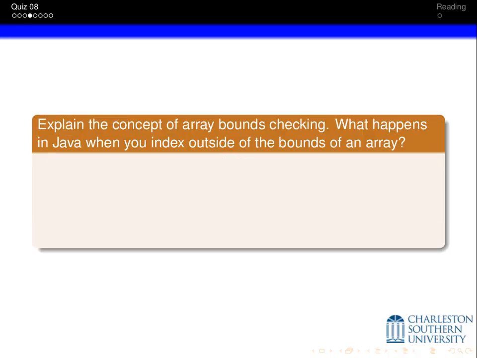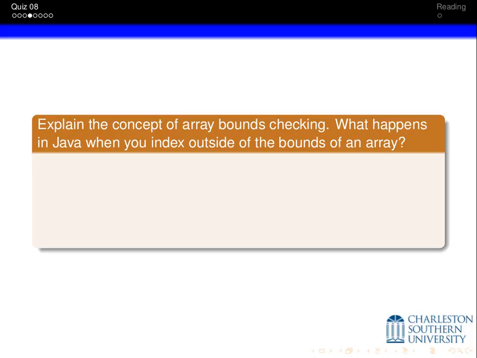All right. What's this idea of array bounds checking? AKA, what happens when you index outside the bounds of an array? An error. What type of error? Out of bounds. What does Java do when you do that? It gets upset. It stops working with you.